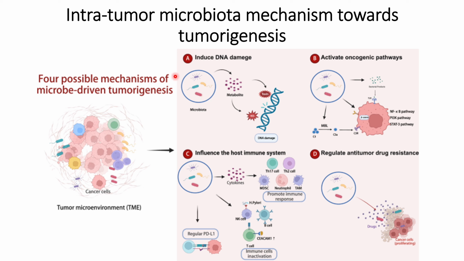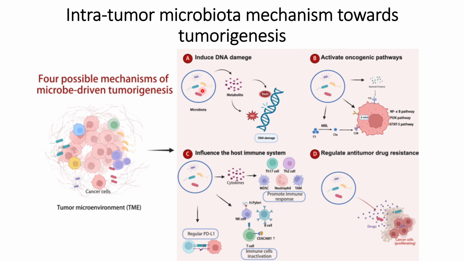In this case, people have found that the microbiota present within the tumors can release metabolites that affect DNA damage. DNA damage is not only caused by the change in the replication rate or uncontrolled growth rate, but it can also be caused by the metabolites released by bacteria.